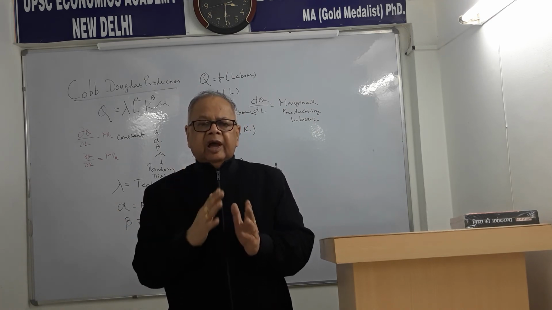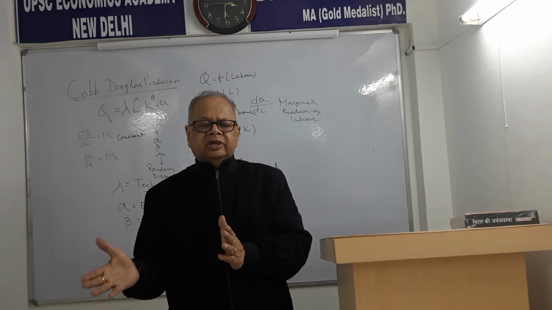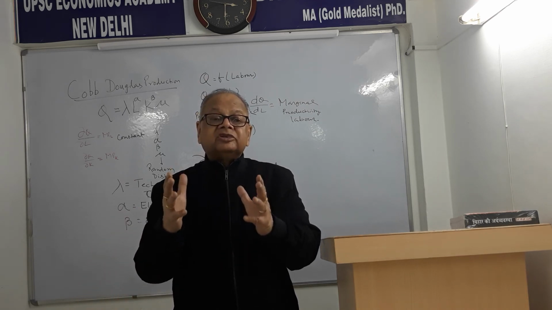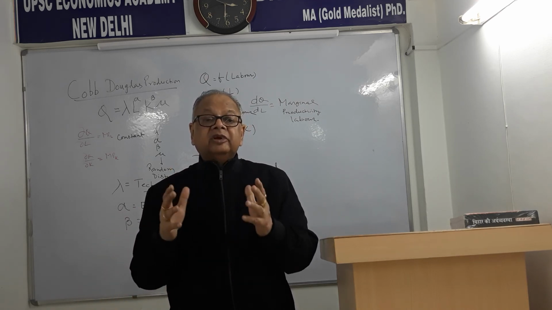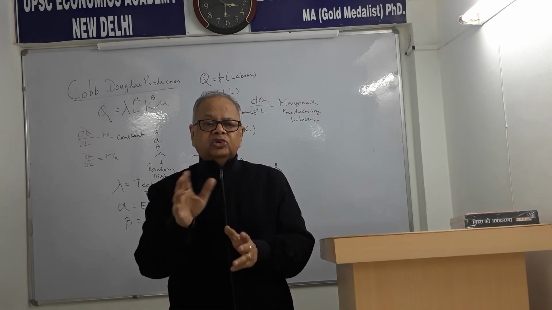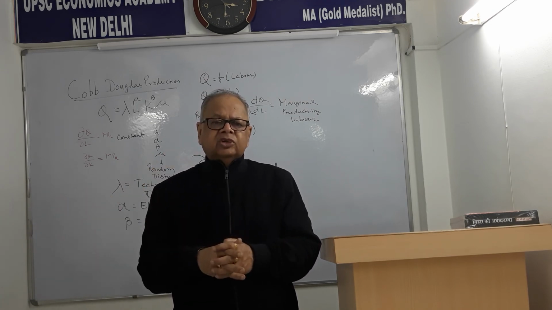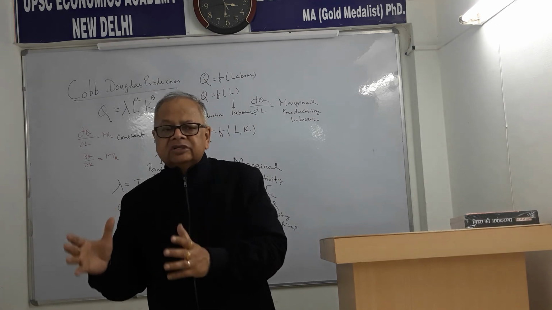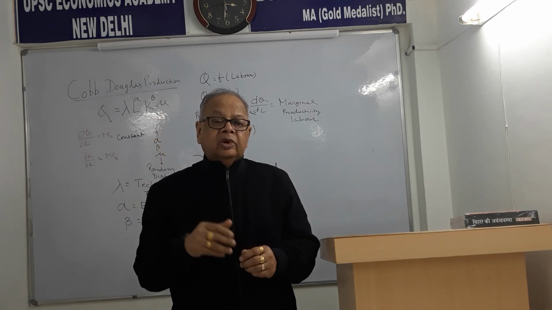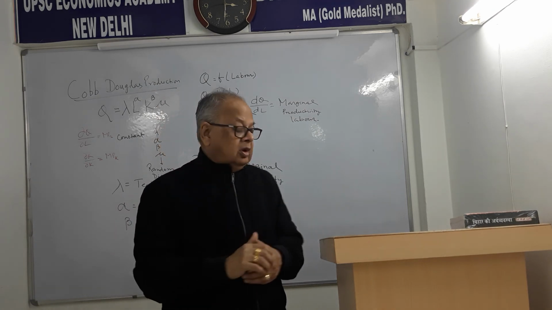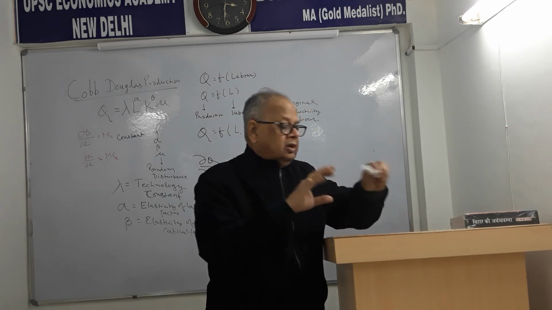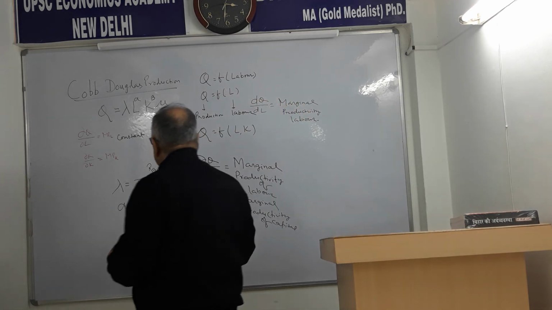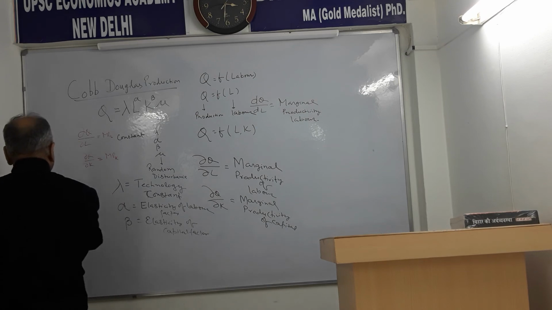Thereafter, the third stage is known as the negative stage, negative return. No producer will jump to the third stage, so it is known as the no entry zone. We can see these conditions here in the diagram.